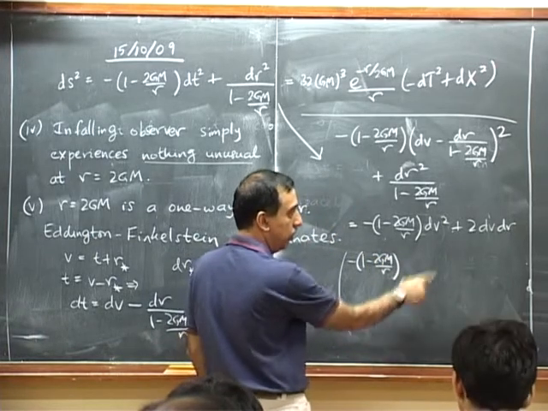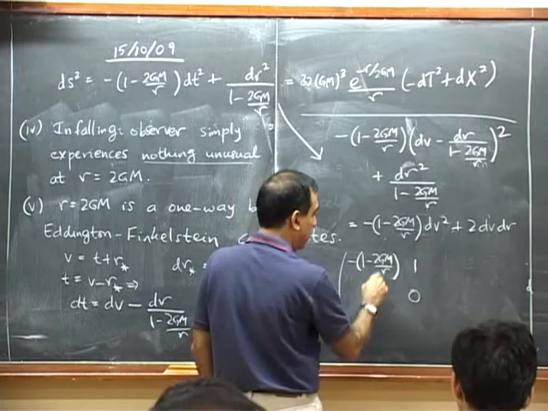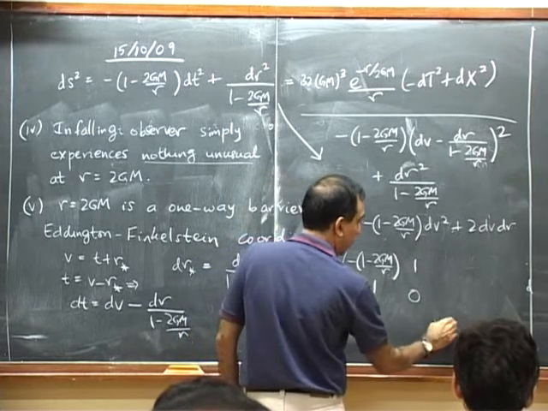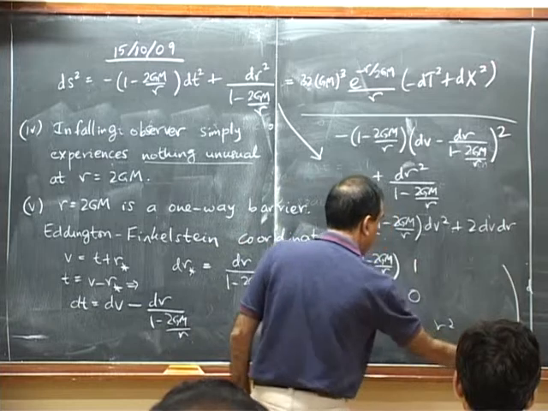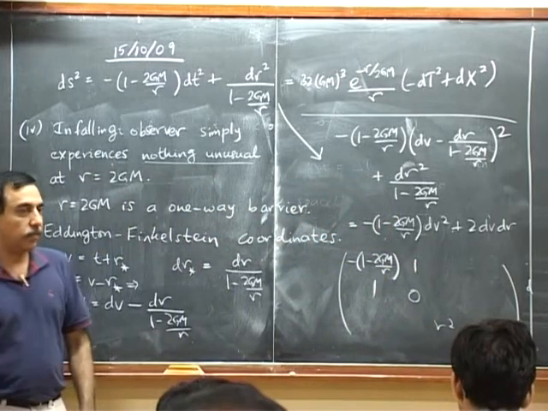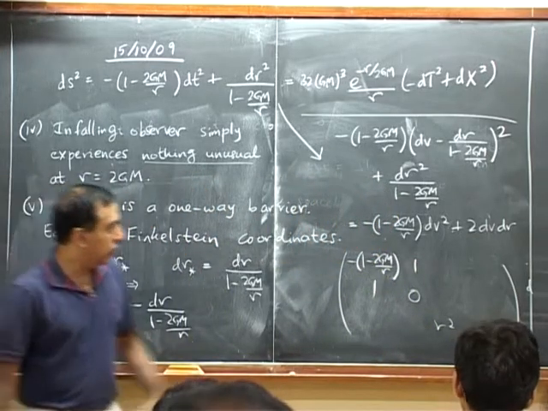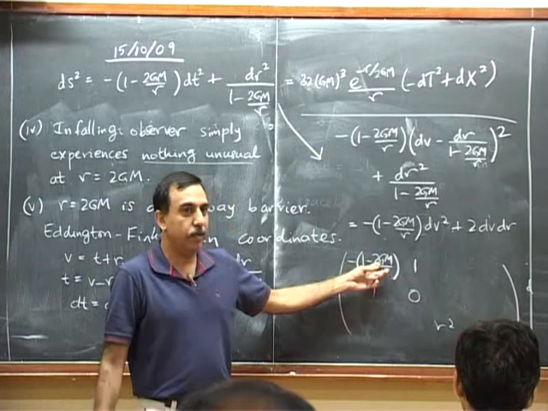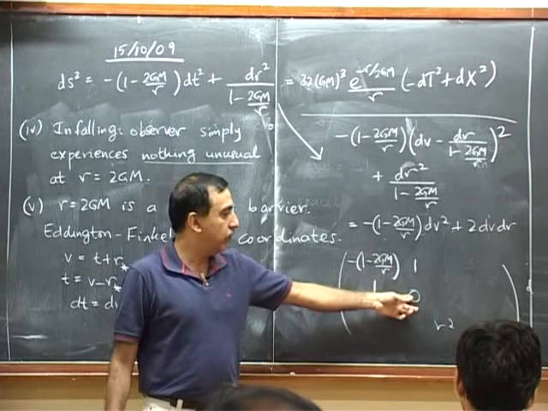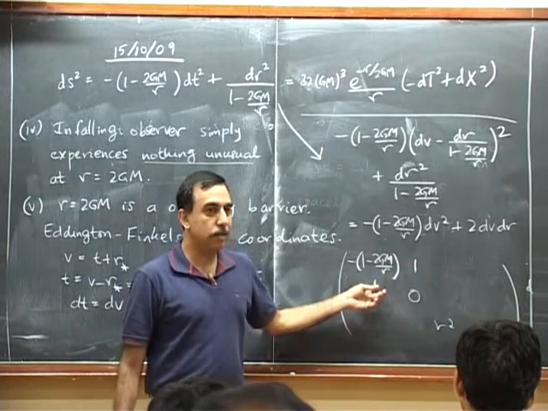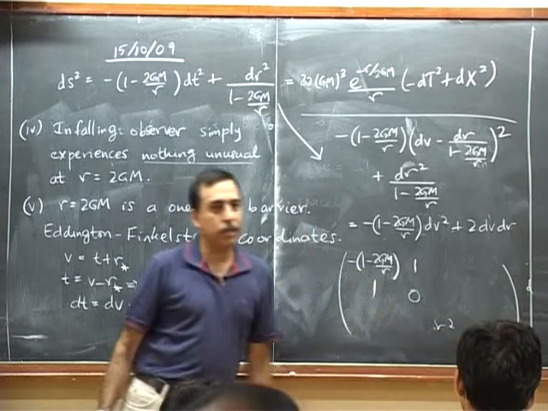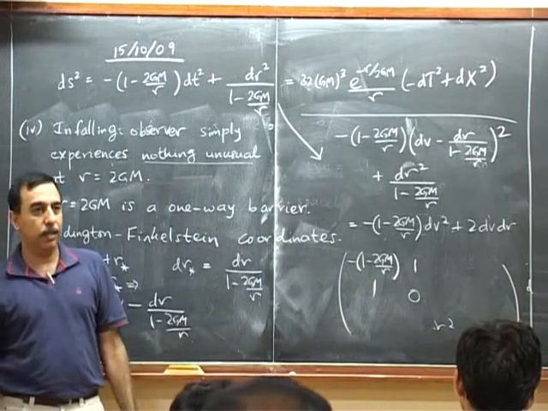Because what's the metric? It's minus 1 minus 2GM over r here. But then it's 0 in the next place. This is the dr squared entry, which is not there. And there are some 1s here. And then here it is r squared and r squared sine squared theta, which is always there. That's the metric. Try to take the determinant. This factor doesn't even contribute because it's multiplied by 0. What instead contributes are these 1s and this. So the whole answer is something like r to the fourth sine squared theta.